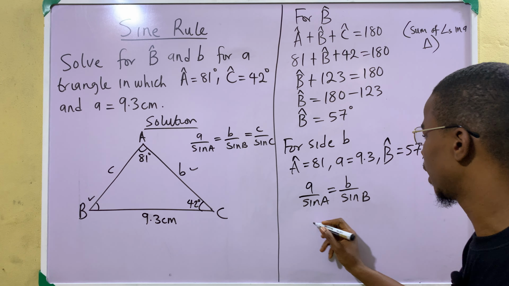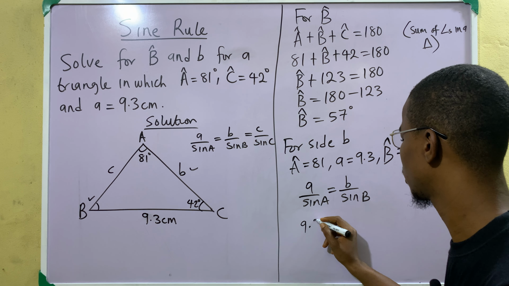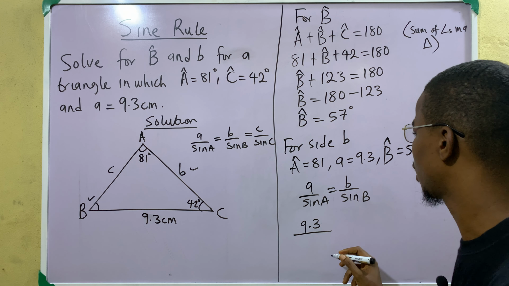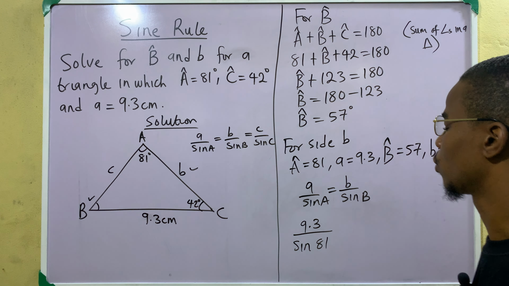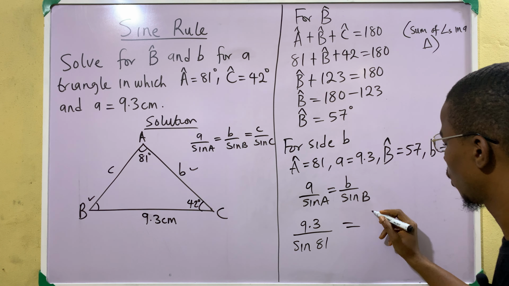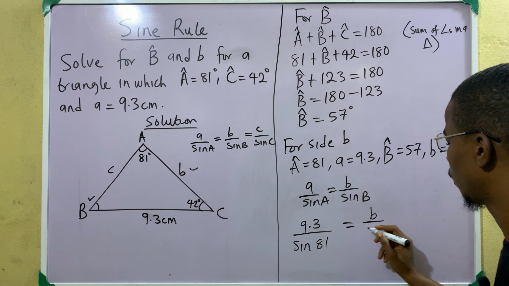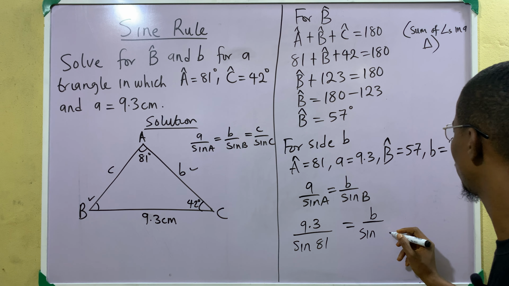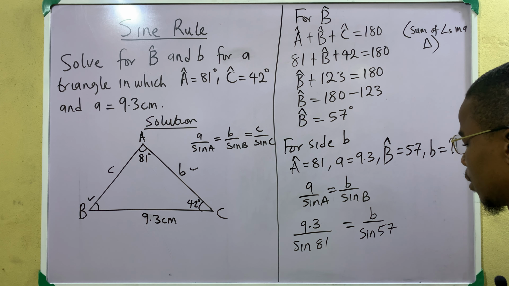So what's my a there? My a is 9.3 divided by sine 81, equal to, what's missing here? b. So no value for that yet. All over sine B. What's my B? 57 degrees.